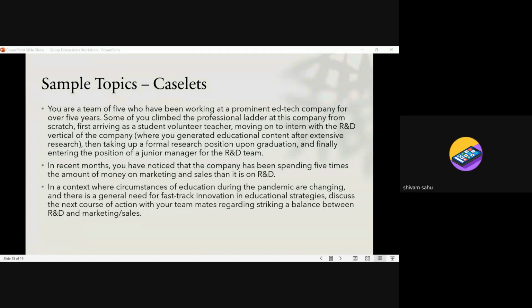Ma'am, I want to give 2 points on R&D. Yes, go on. Ma'am, R&D is very important for every company because it drives deep innovation and long-term growth.